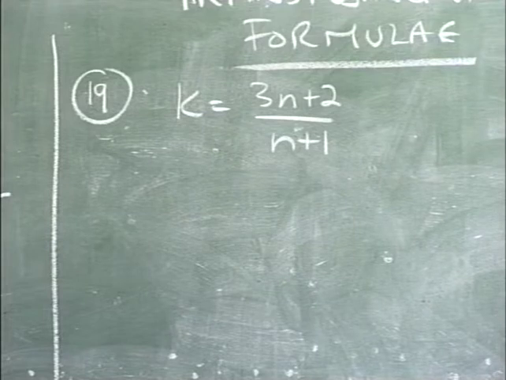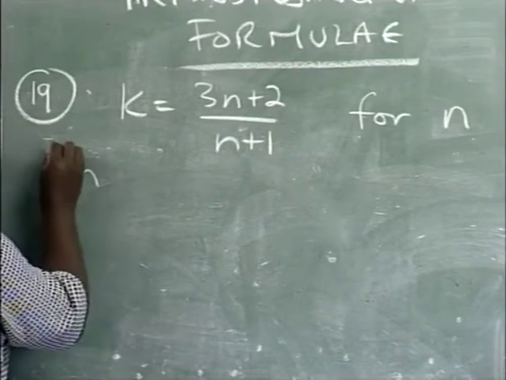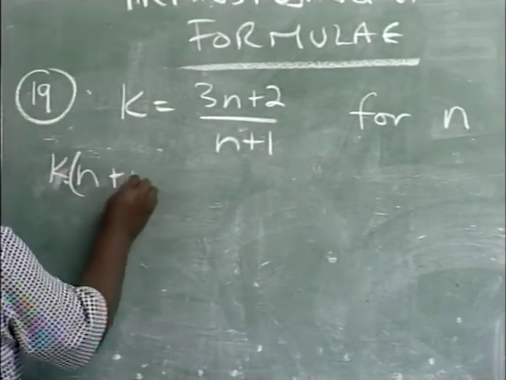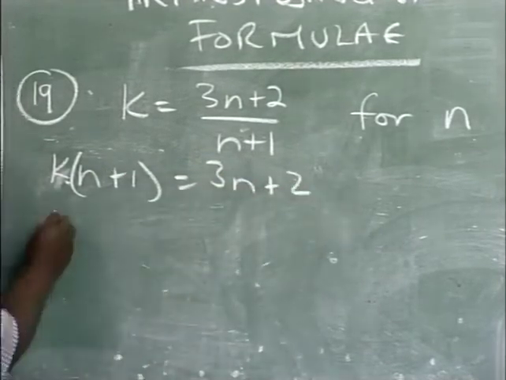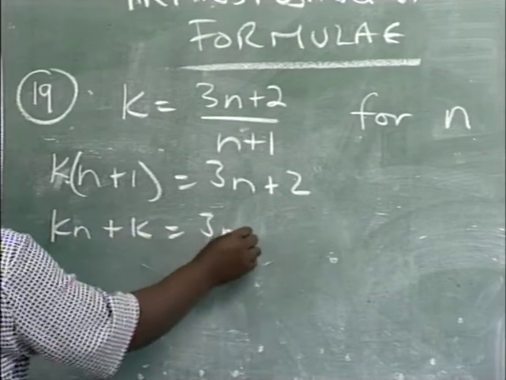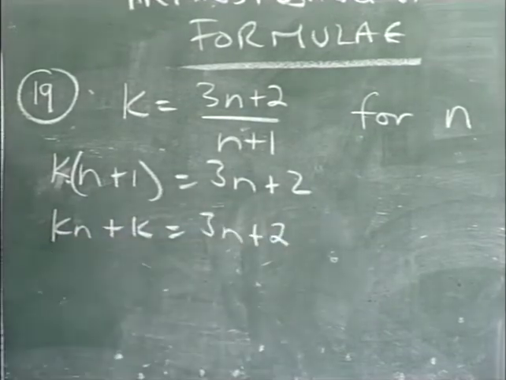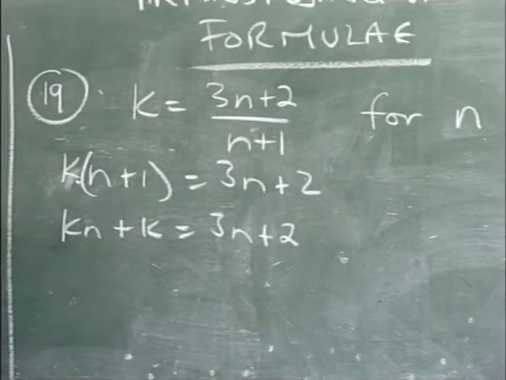You multiply n plus 1 on both sides. Okay, multiply n plus 1 on both sides. I'm going to have k times n plus 1 equals 3n plus 2, which is kn plus k equals 3n plus 2. George, what next?